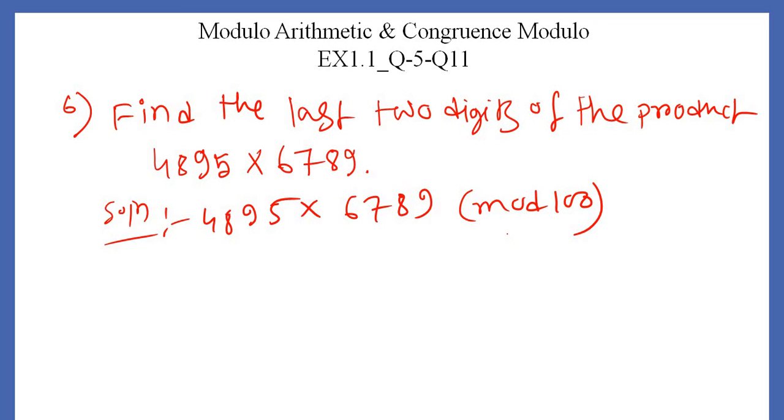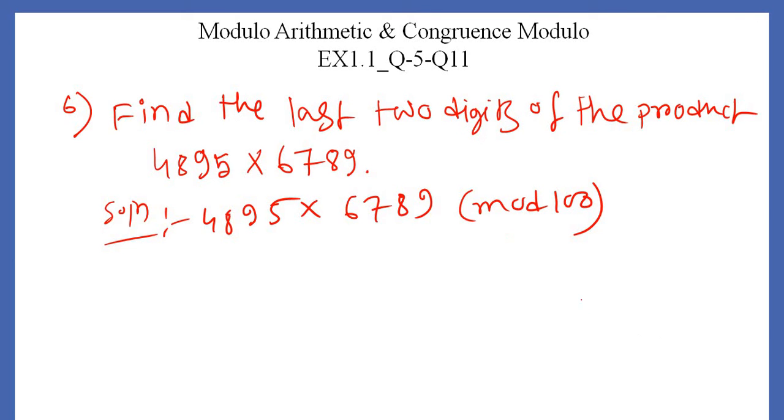Now if they ask you to find the last three digits, then you divide by 1000. That means you have to find the product mod 1000. So you just have to check how many digits they have asked for in the question. Accordingly you find the value.